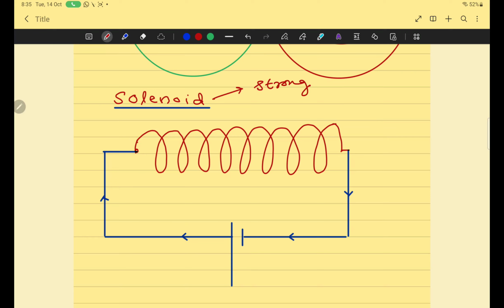And this magnetic field is very significant, and it is used in our daily life in different applications. We use solenoids. And now let's start with the theory of solenoid. When electric current passes through a solenoid, a magnetic field is produced around the solenoid, and we can determine the north pole and south pole of the solenoid.